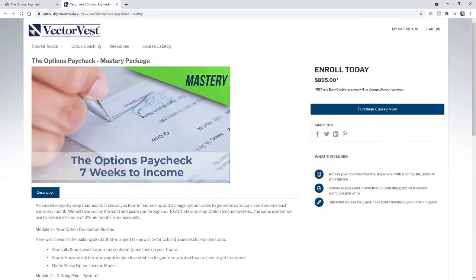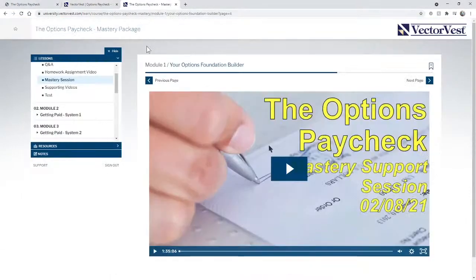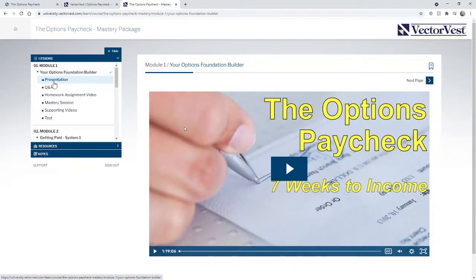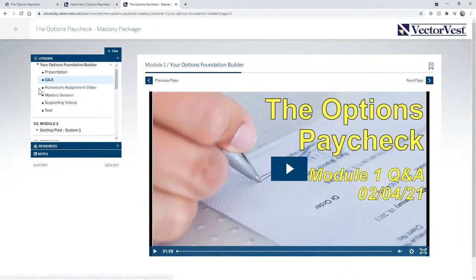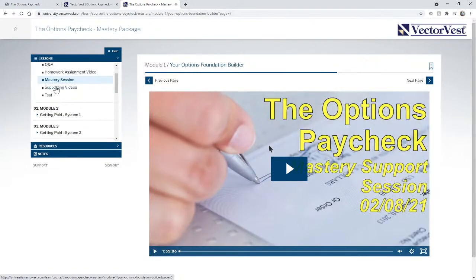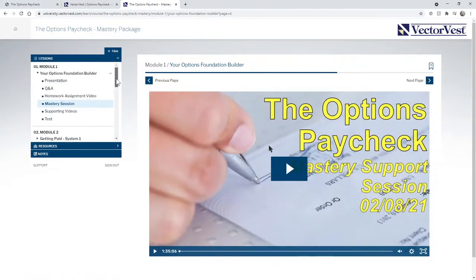When you get into the course, this is what the course would look like. And remember, you have access to this immediately. You can hop in there right after you buy. You can go through the presentation. You can listen to the Q&A of the people who attended the live session the last time we taught it. After you have your live session, we will overwrite this with yours. There's a homework assignment, the mastery session. You get to listen to the mastery session that we did with the last class, and then we'll overwrite that with yours once it's done. We had a bunch of supporting videos.